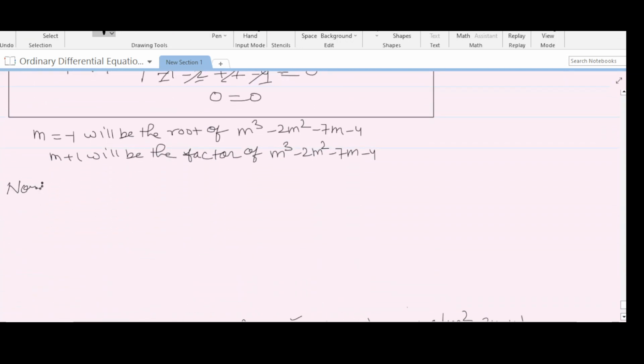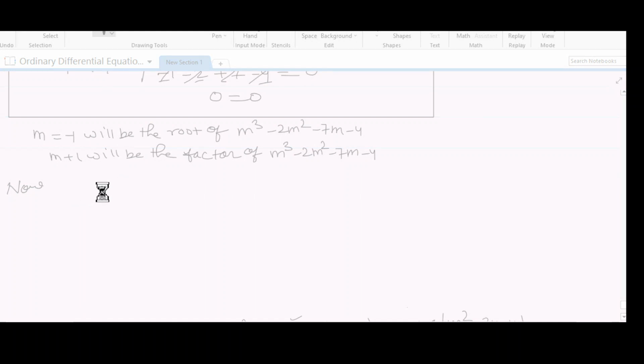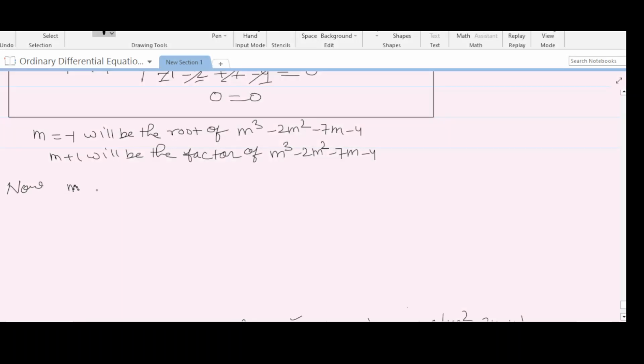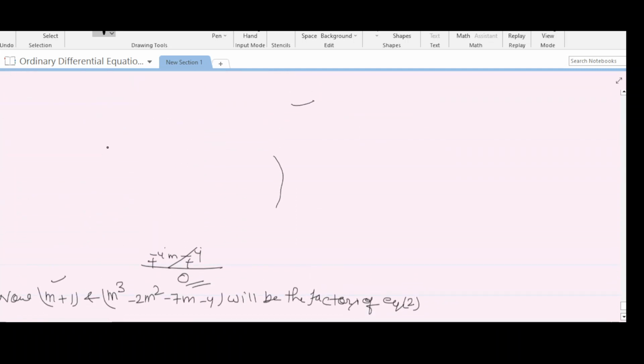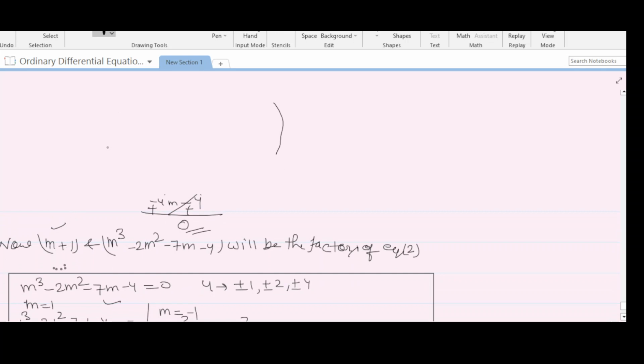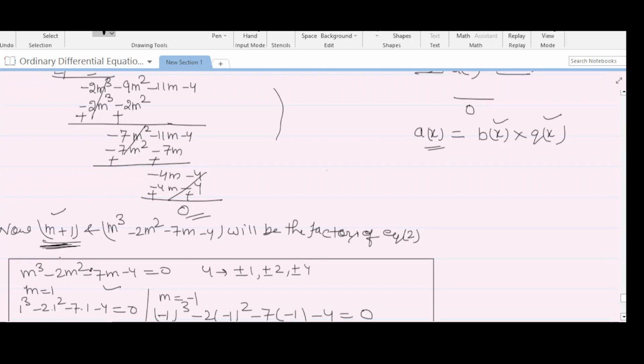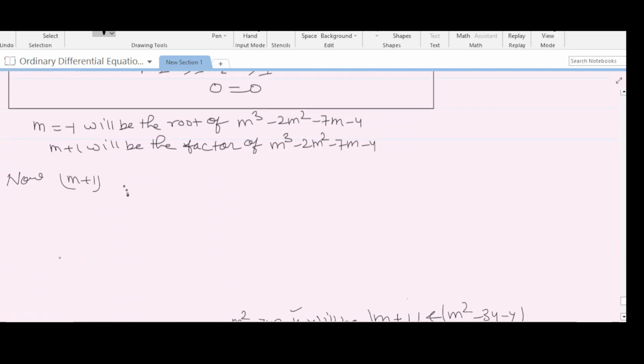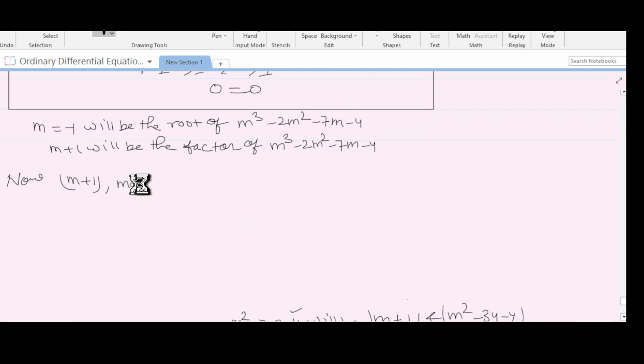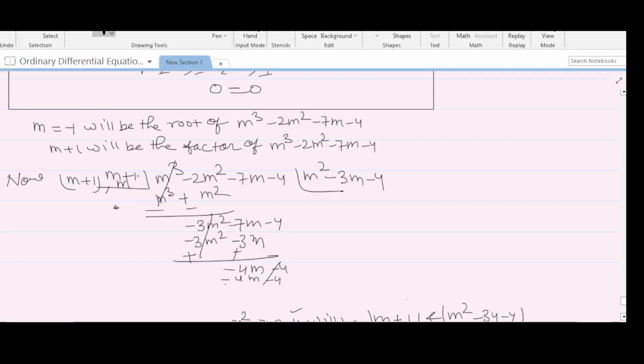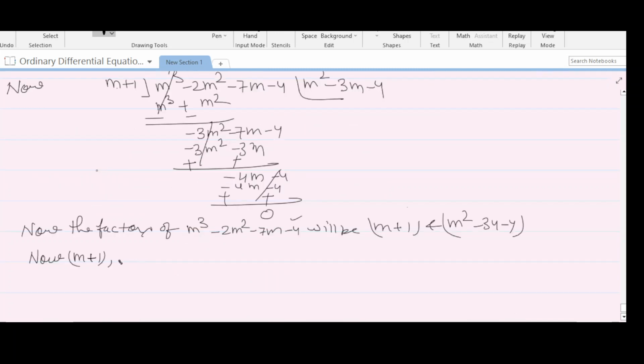now the final factors will be m plus 1. This m plus 1 stands for this, okay, this m plus 1 stands for this. Now next, m plus 1. Another m plus 1.